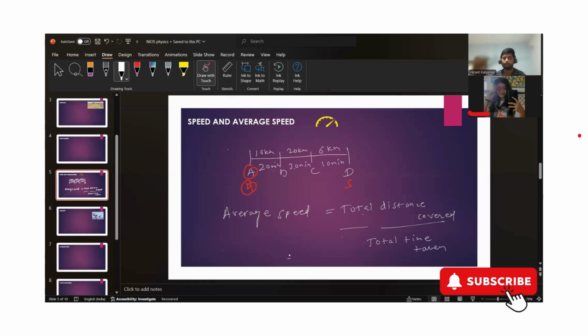Just try to solve here. Try to calculate the average speed. So I add all of them: first the total distance, upon total time.